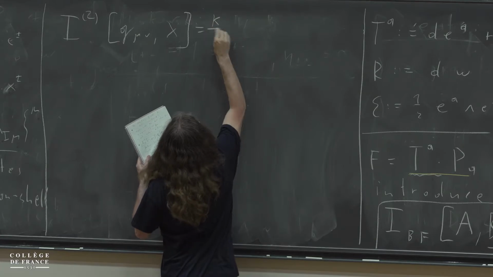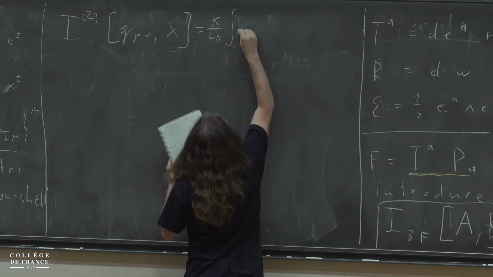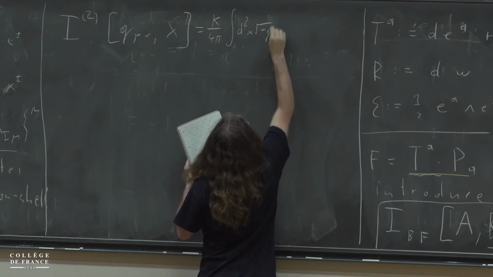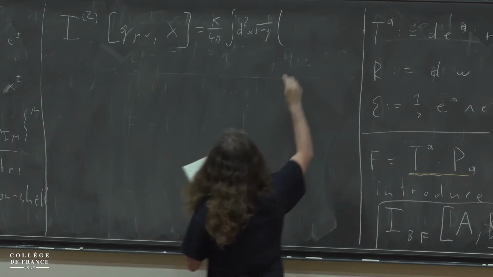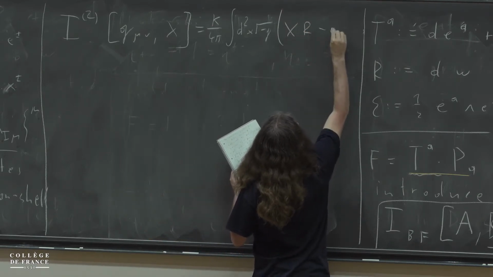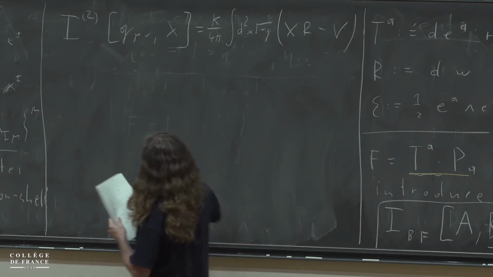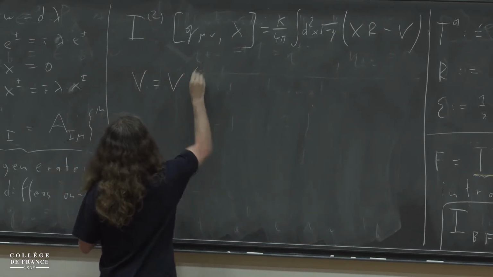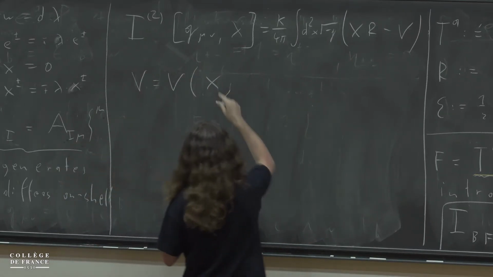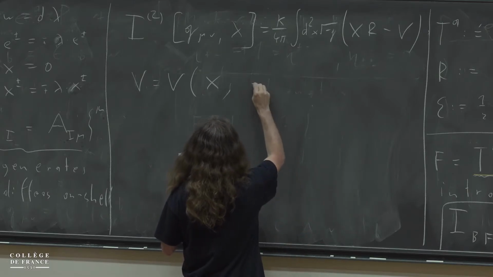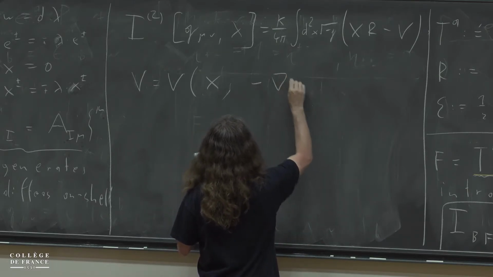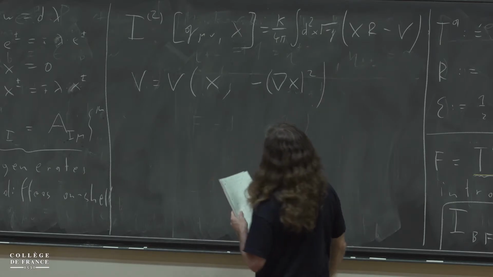So what is this action? It's given by X times R minus curly V, and V is a function that depends on 2 arguments, namely on X and, well, in my conventions, on minus nabla X squared.